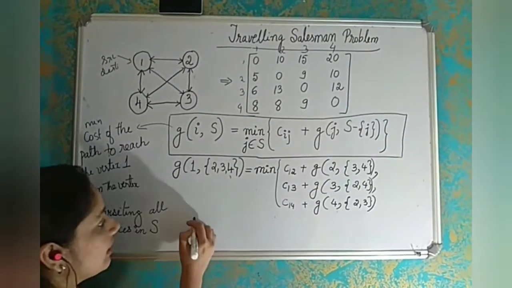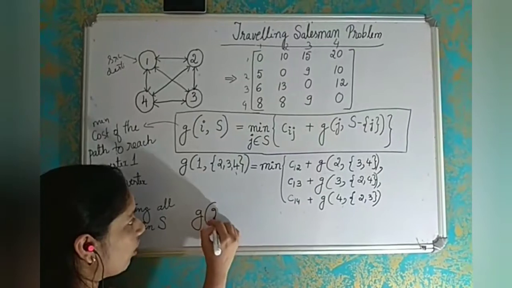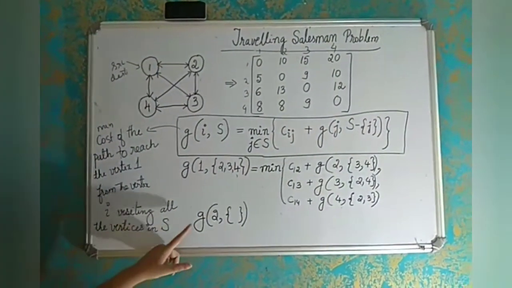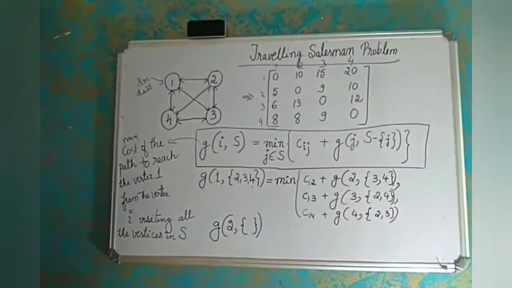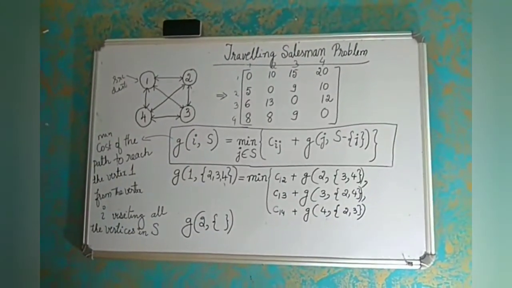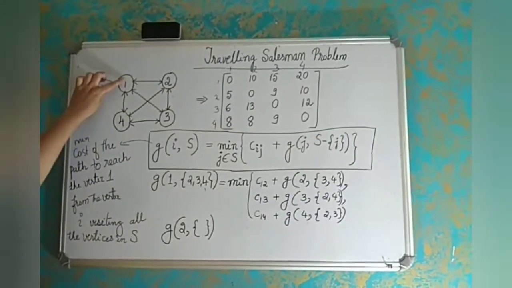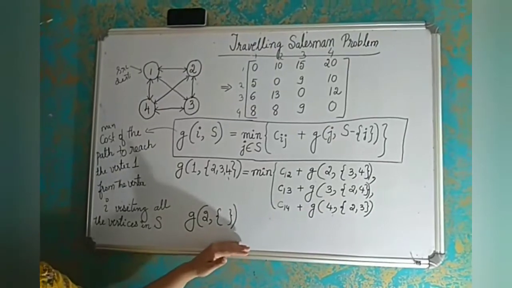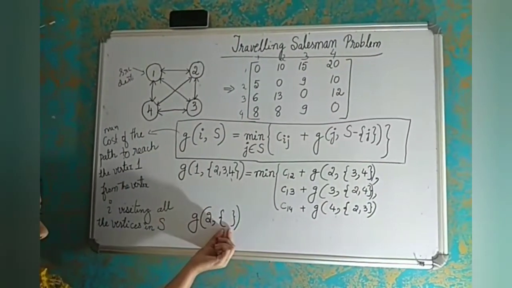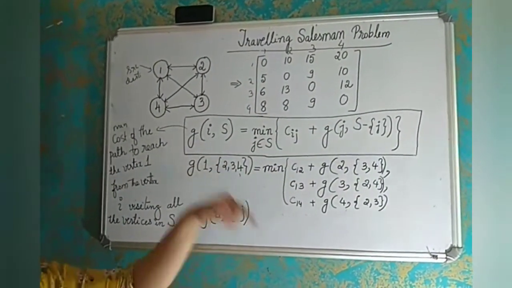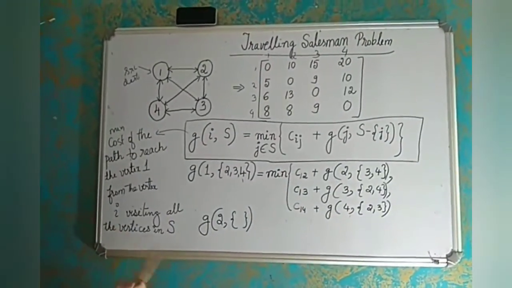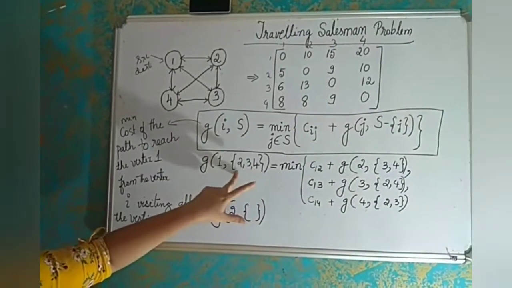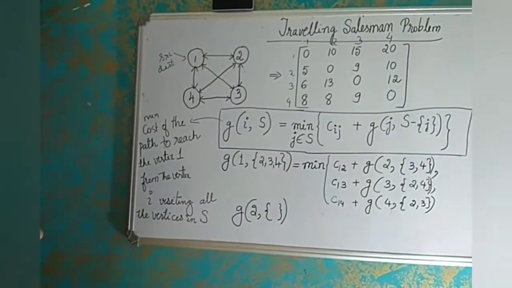I can represent it like this: G of 2, null set. What does it indicate? G of 2, null set indicates the cost of reaching the destination 1 without visiting any of the vertices. Here we are considering 0 vertices in the set. Then we'll move on to 1 vertex, then 2 vertices, and then finally we'll come to 3 vertices, and we will get the solution.